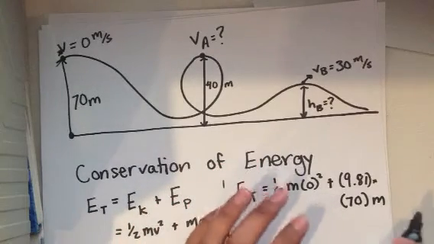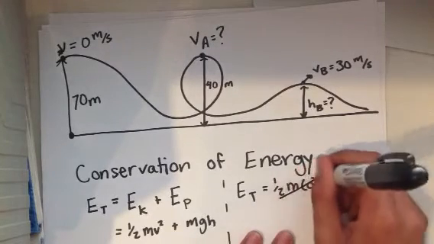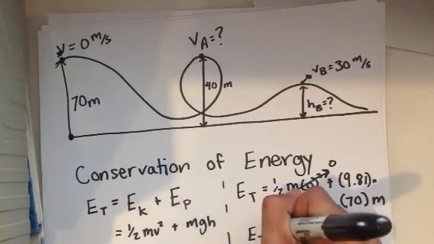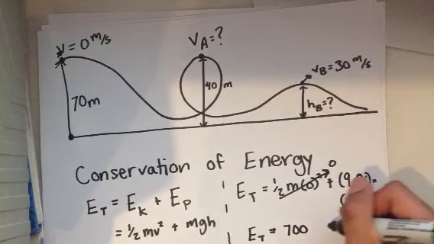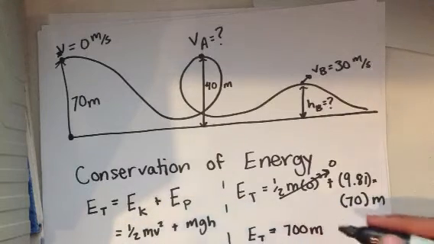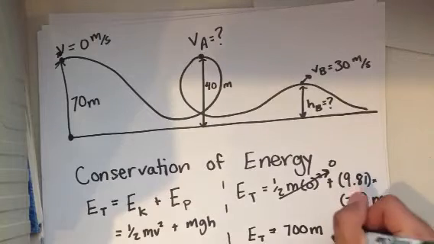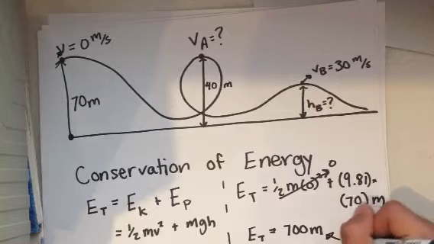Rounding the acceleration of gravity to 10 meters per second squared, since the kinetic term goes to 0, we end up with E total equals 700 m. M being not meters, but rather the units m for mass. So this here is mass, not meters.